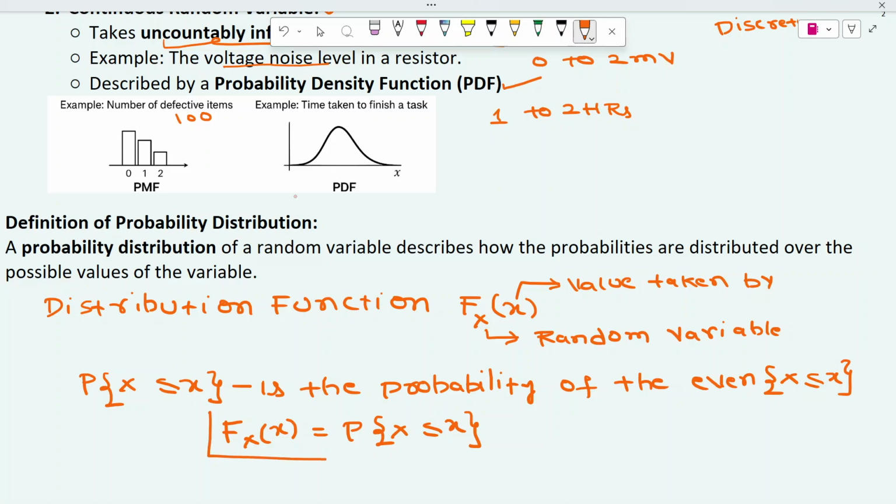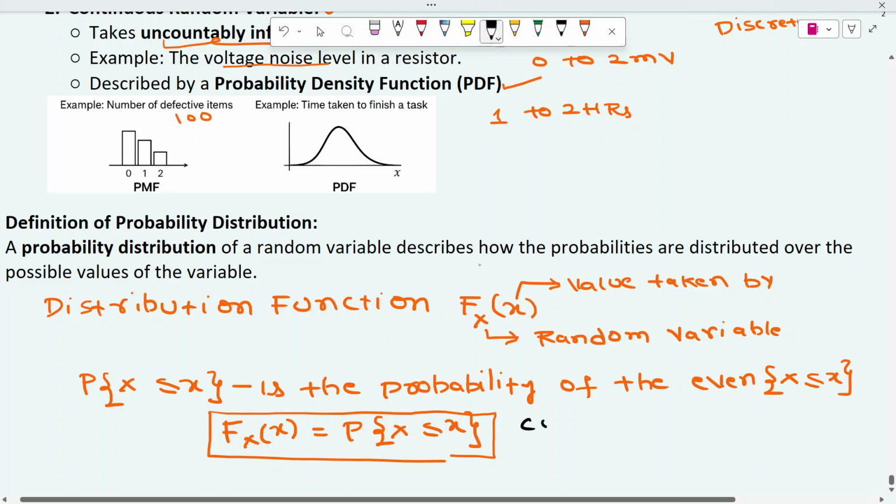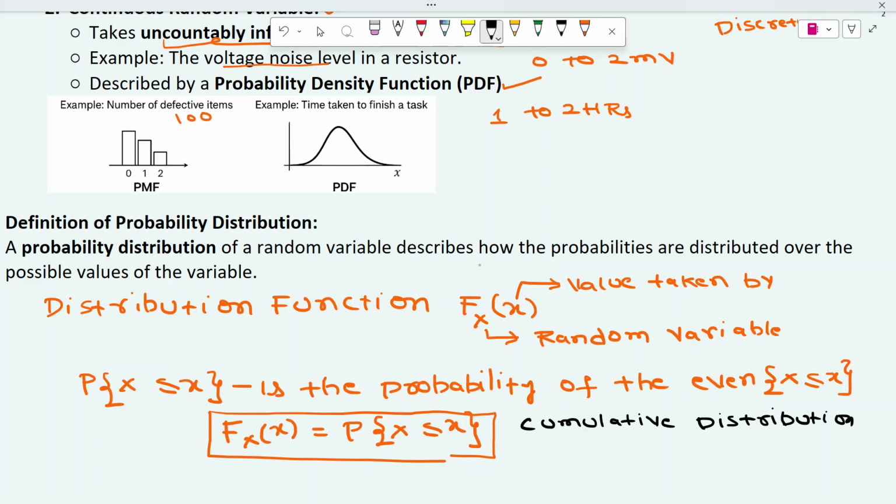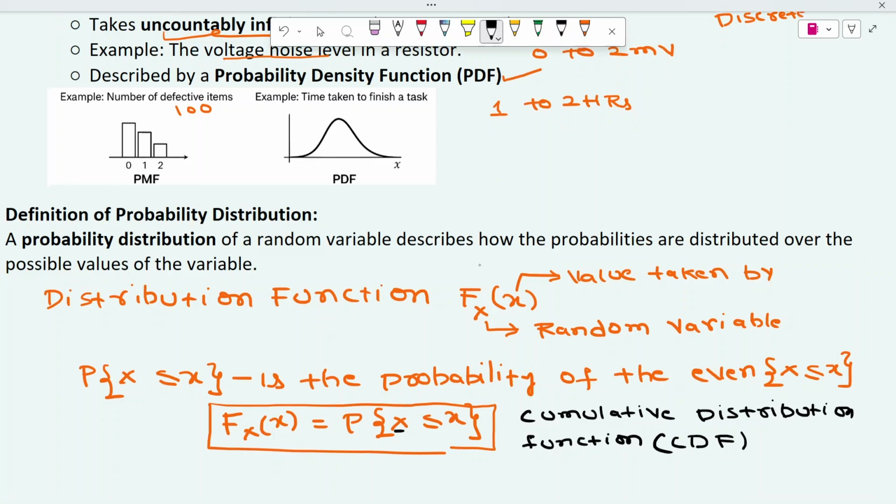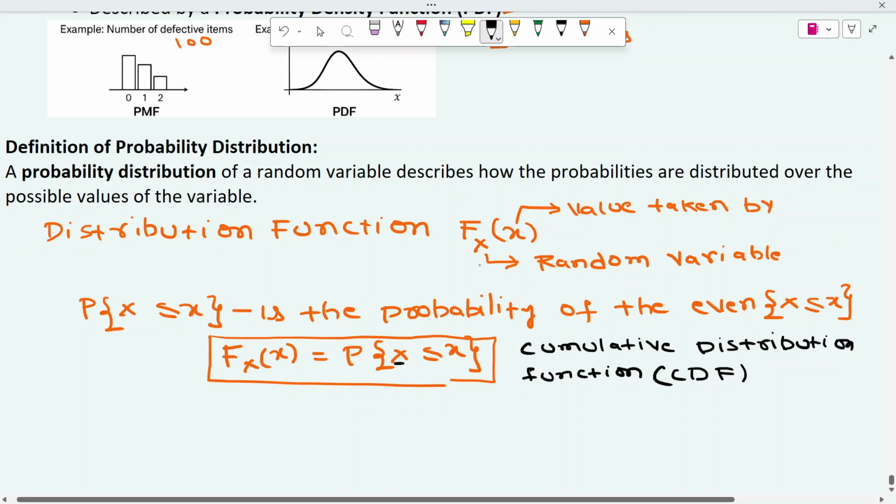This is the definition of the distribution function.